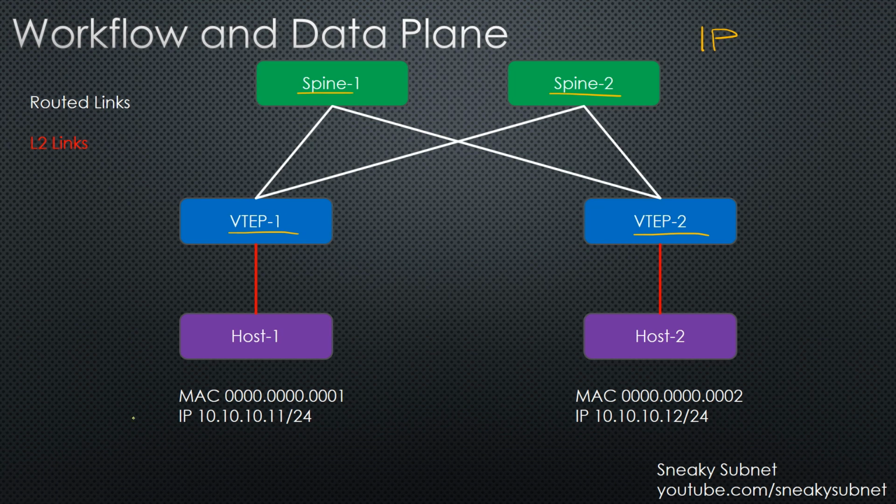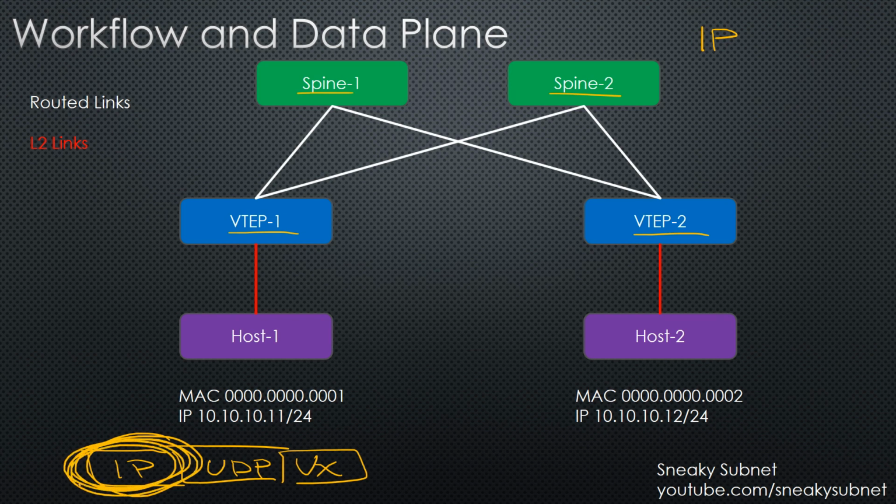So if we go back to that encapsulation, VxLAN is encapsulated inside UDP, and UDP is encapsulated inside IP, and this is what these guys will actually be seeing, and they will make their routing decisions based on IP header.